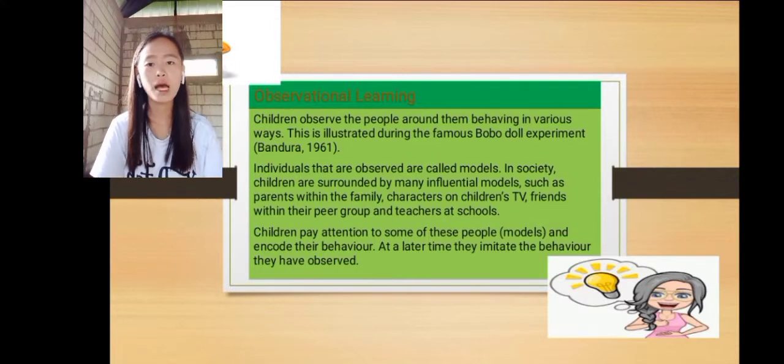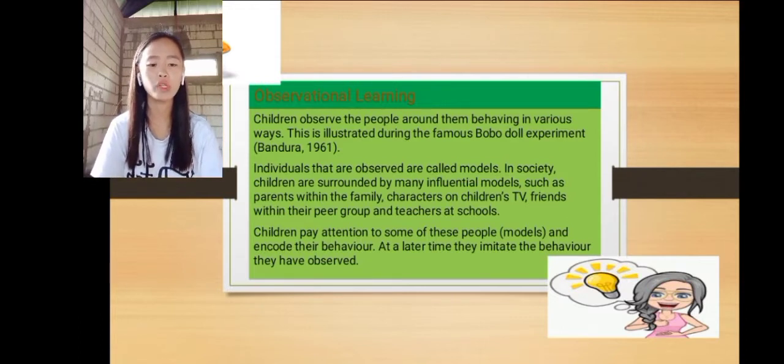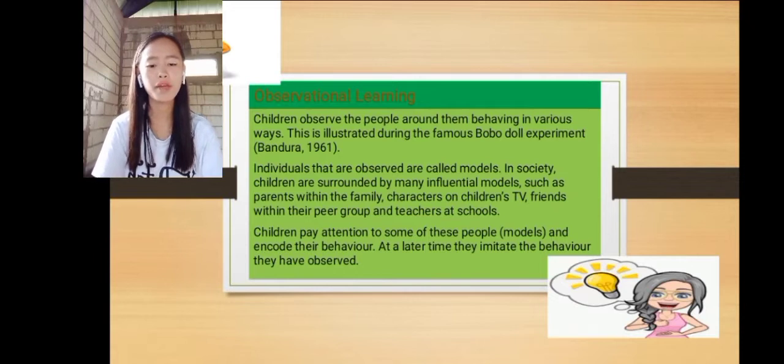Children are surrounded by influential models like parents, friends, or teachers in school. Children pay attention to some of these people or models and encode their behavior. At a later time, they imitate the behavior they have observed.